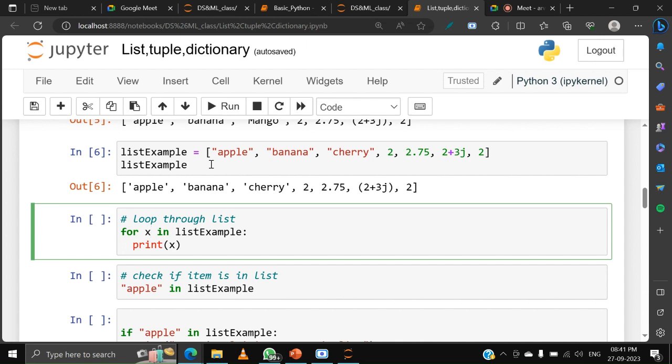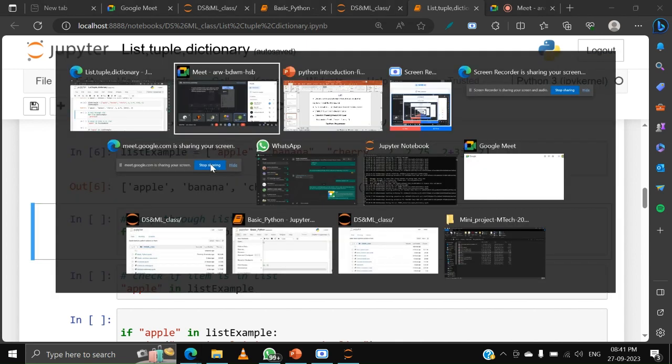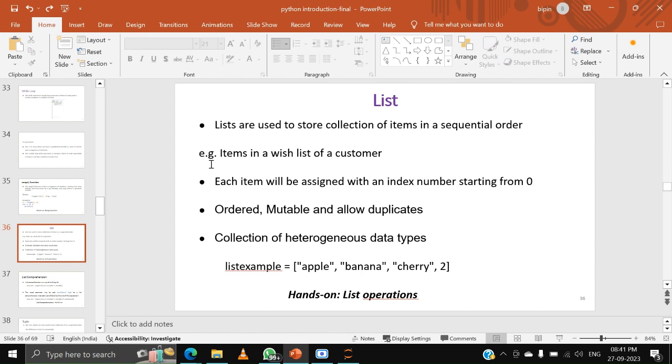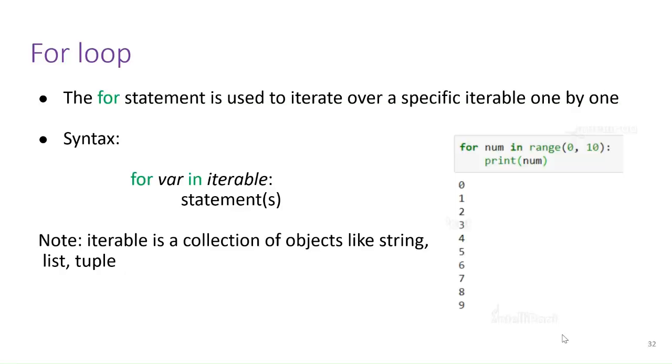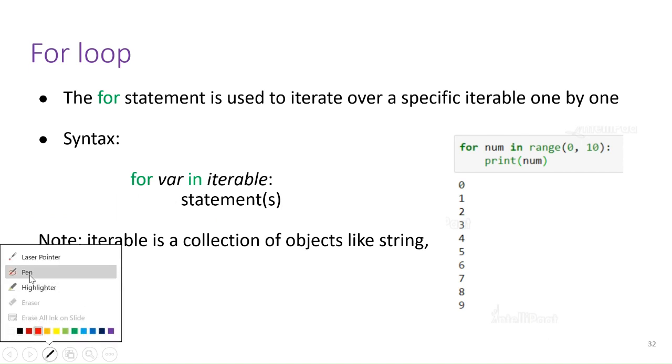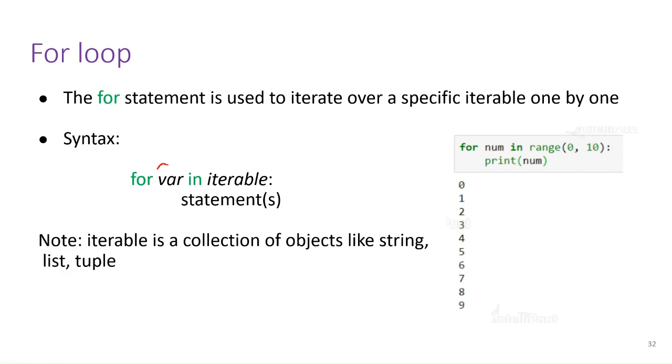I will show you the for loop once again for better explanation. See here, this is the syntax of the for loop: for variable in iterable. For variable, this is a dummy variable actually.